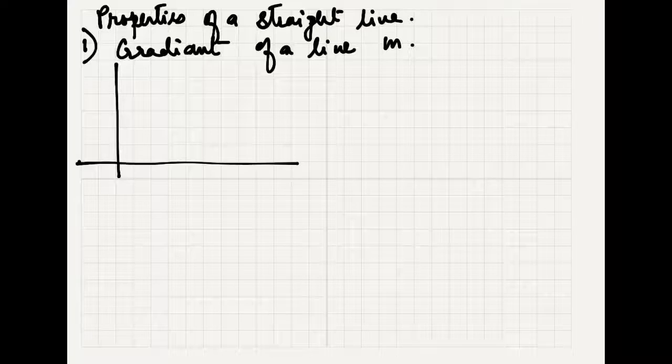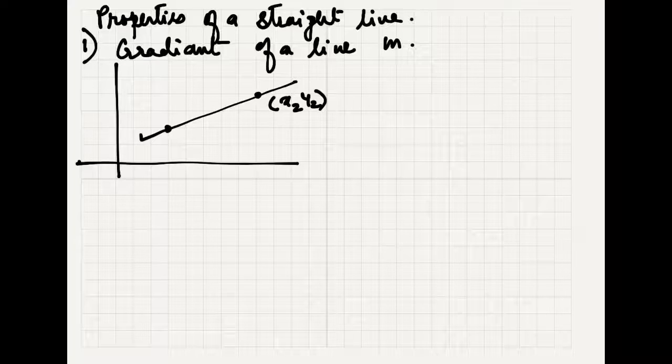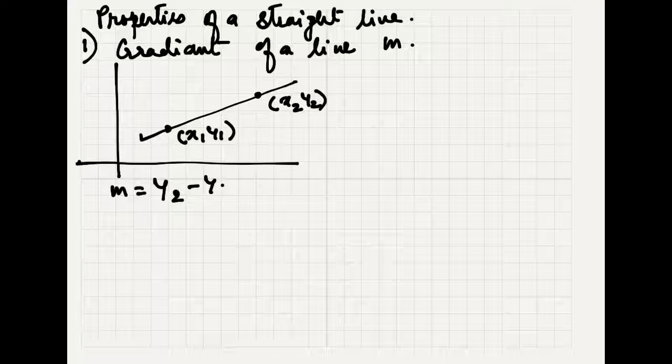Suppose a line is going this way, and you take this coordinate and this coordinate, say this is (x2, y2) and this is (x1, y1). Then the gradient is m equals y2 minus y1 divided by x2 minus x1.